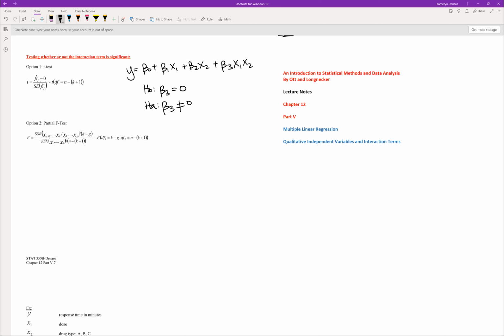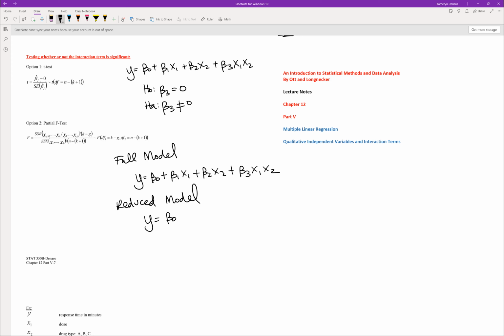The other way to consider this is by doing a partial F-test, where the full model is y equals beta 0 plus beta 1 x1 plus beta 2 x2 plus beta 3 x1 x2, and the reduced model is y equals beta 0 plus beta 1 x1 plus beta 2 x2.